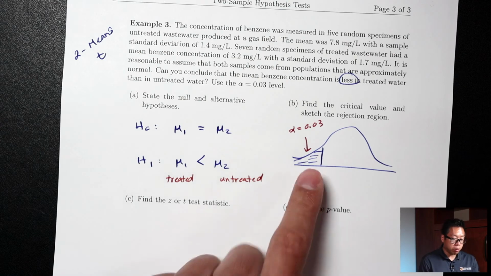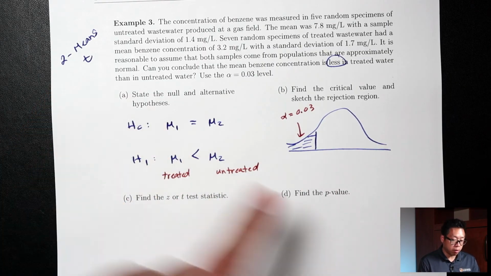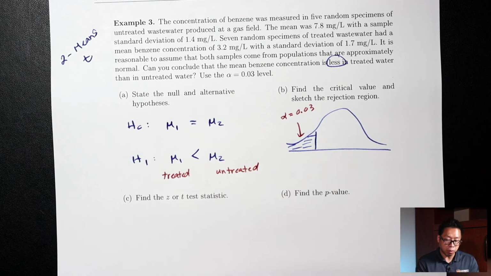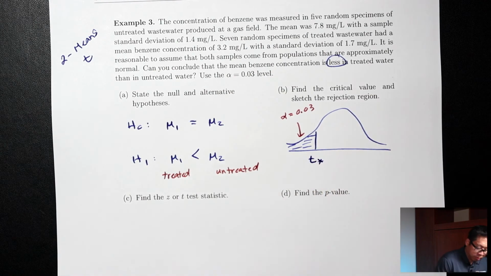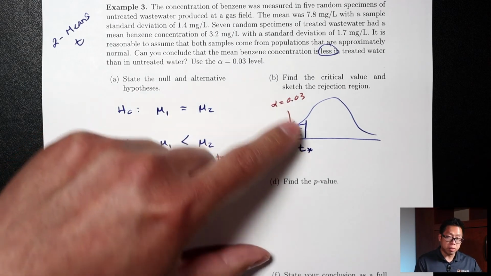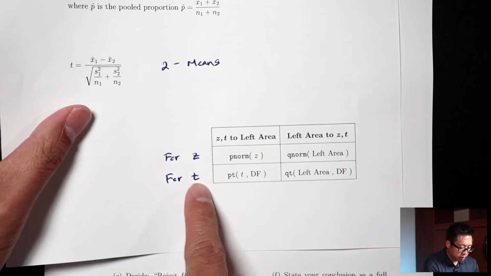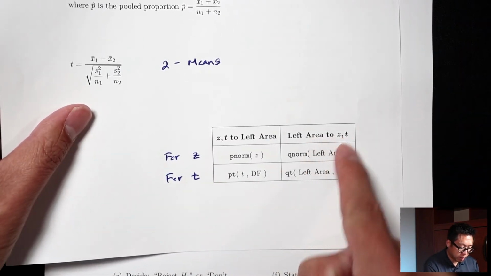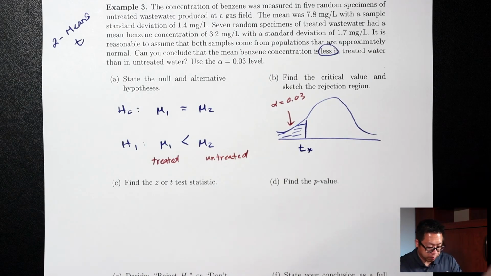And your job is either to find the Z star or the T star. Because we're talking about T's here, this should be a T star. This is an area to T question, so in R it's QT, left area, DF.